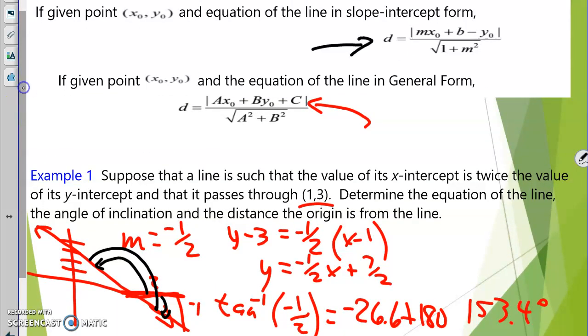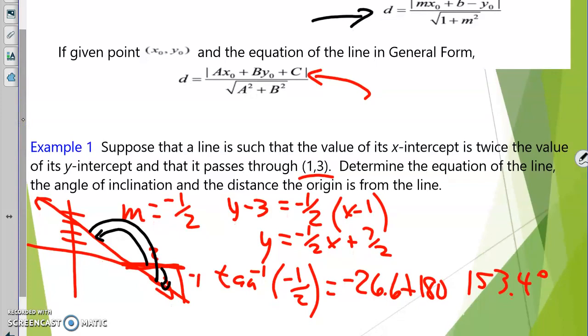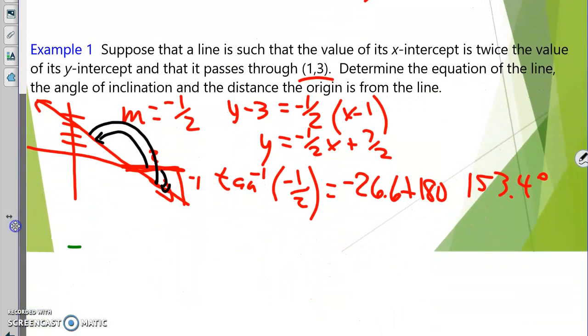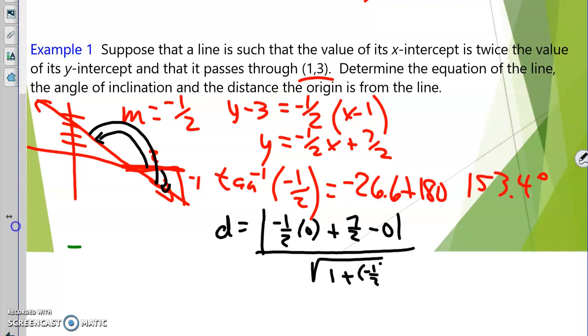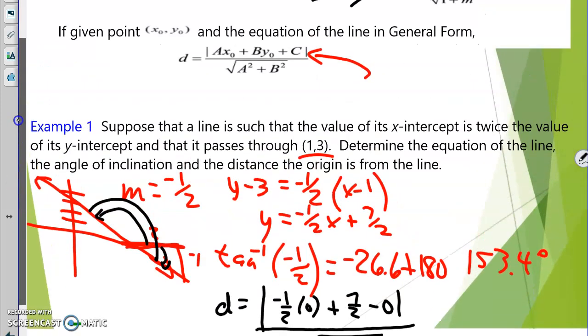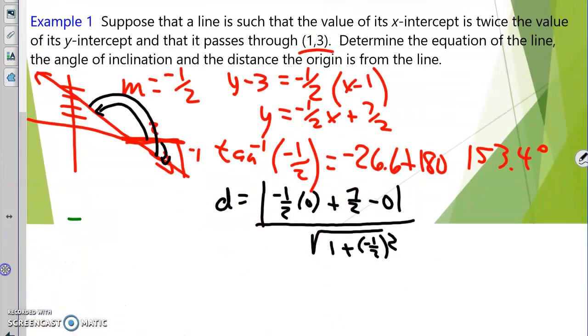If I'm going to write that down, I'm going to say my slope times, well, the point that I'm going through is the point (0, 0), so my distance is going to end up being the absolute value of -1/2 times 0 plus 7/2 minus 0, all over the square root of 1 plus (-1/2) squared. And let's go back and look at that formula. I must be using that one right there.